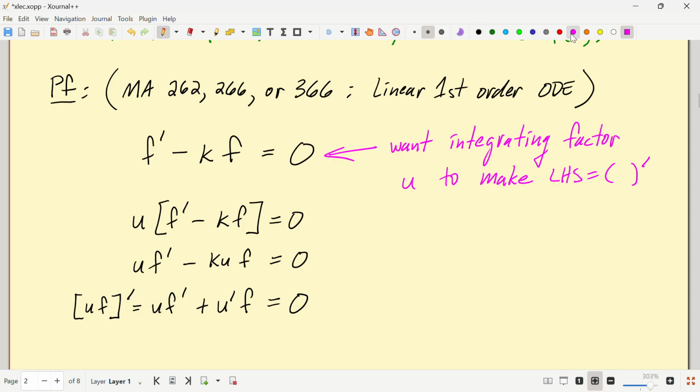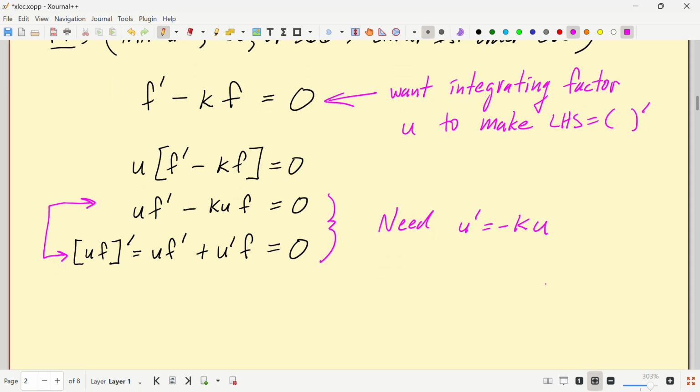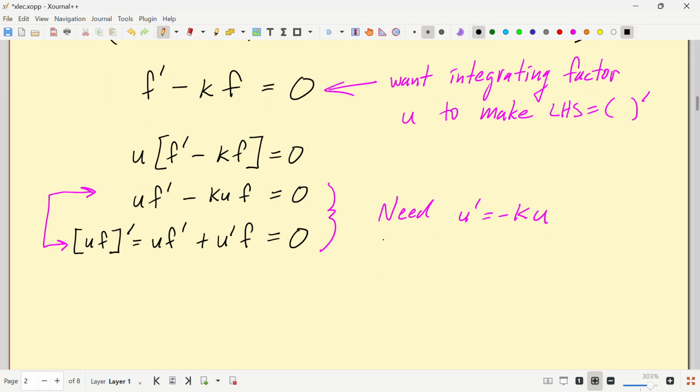So I'm comparing these two lines. And when I look at those two lines I realize what I need: u prime to be equal to minus ku. And I now have an easy function. I have one of these. Namely, u equals e to the minus kx.